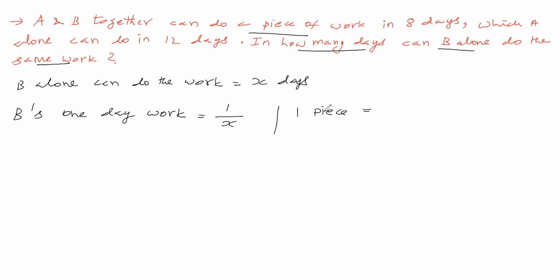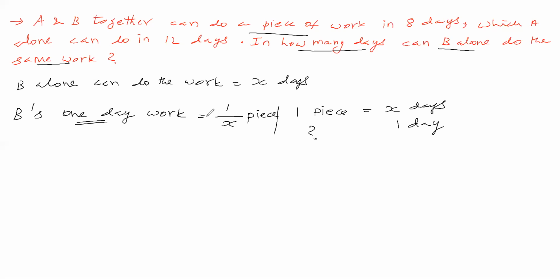One piece of work is done by B alone by taking X days. Therefore, in 1 day, how much work will be done? 1 by X. This much piece of work will be done.